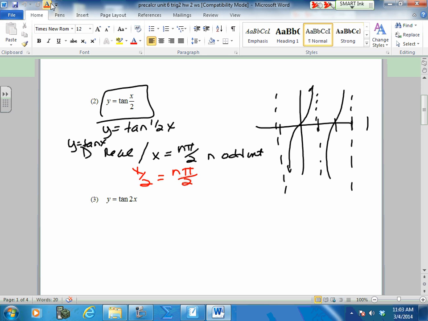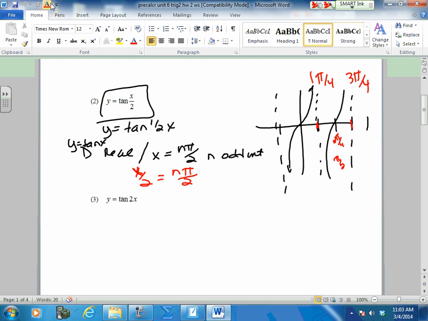X over 2? How do you know when the number has to be an odd integer? Because when we looked at our tangent, we said this was pi over 4, 1. This was 3 pi over 4, 4. This is 2 pi over 4 in here. And 2 pi over 4, 1, 2. And that's the same as your pi over 2.